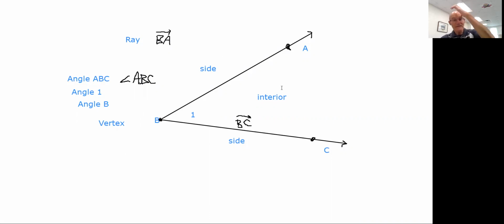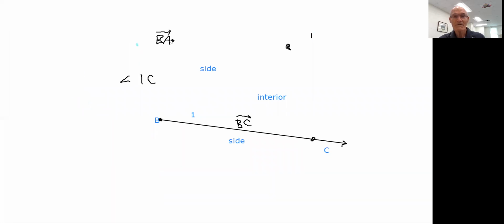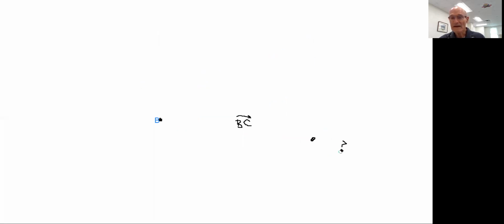Now that's the foundation of the basic information about an angle. What I'd like to do now is share with you the classifications of angles, so I'm going to erase all of this, and then we'll come back and I'm going to draw a different picture and talk about the different types of angles.